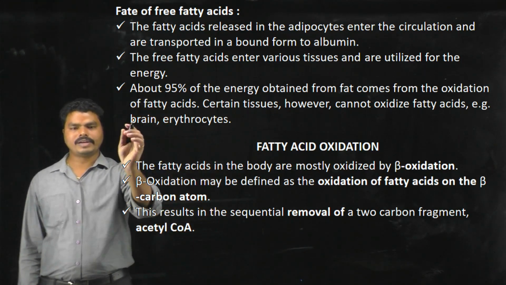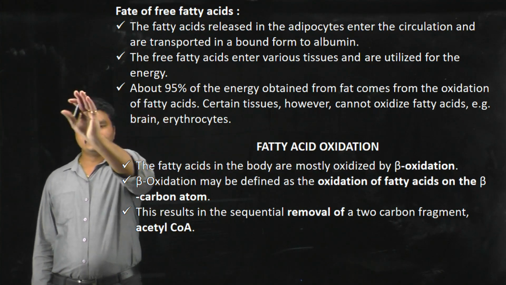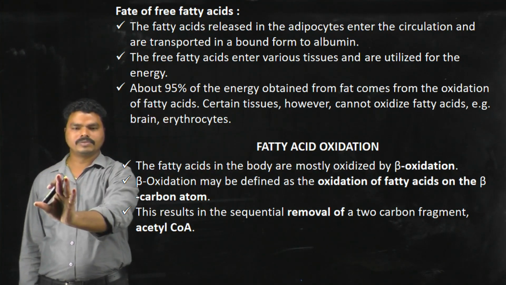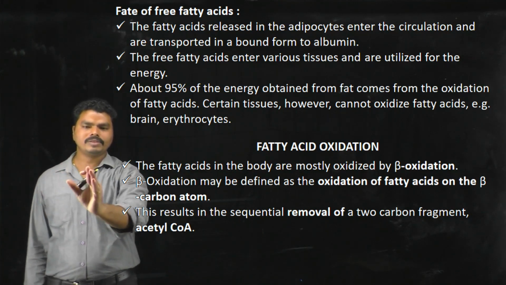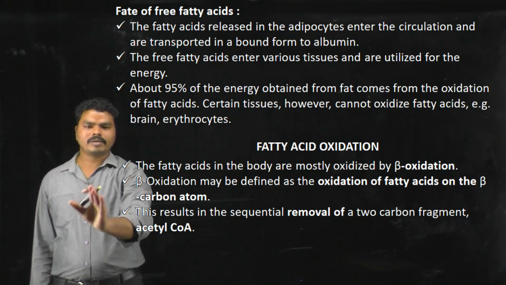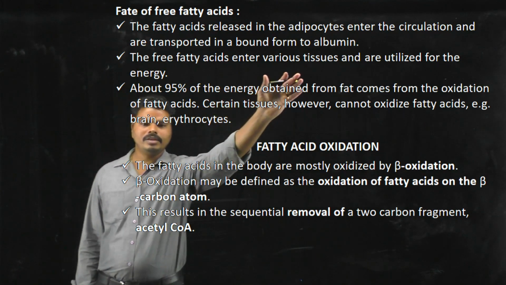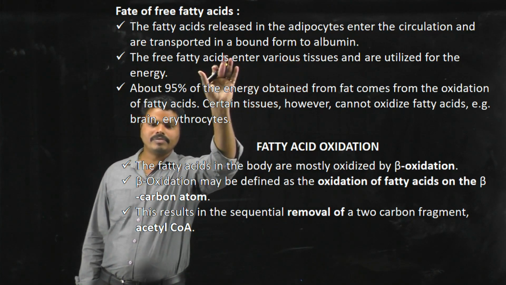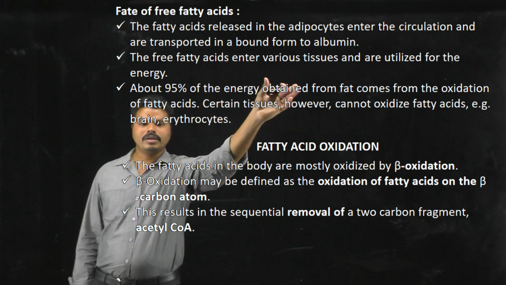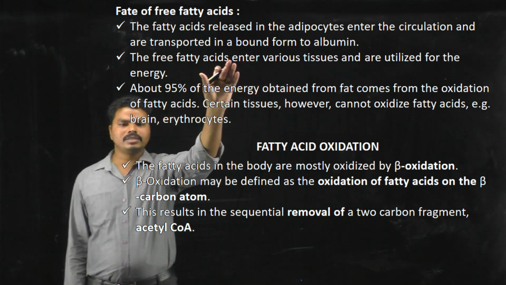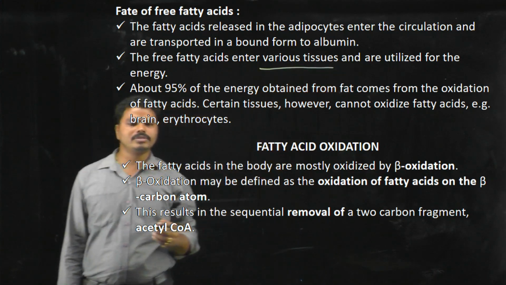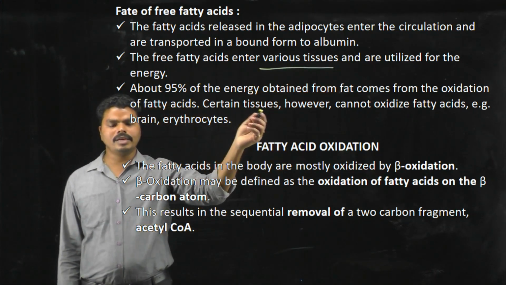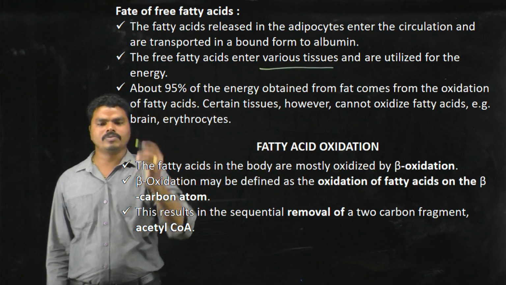The free fatty acids which are released from the adipose tissues enter the blood circulation, and there they combine with albumin. Once combined with albumin, it is easy to transport. During transport they reach and enter the various tissues and are utilized there for energy production.